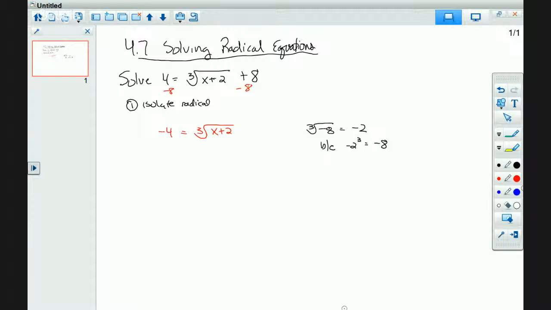Does it work for square roots? No. Fourth roots? No. Okay, no even roots. Odd roots are okay. This works with odd roots, but not with even roots.